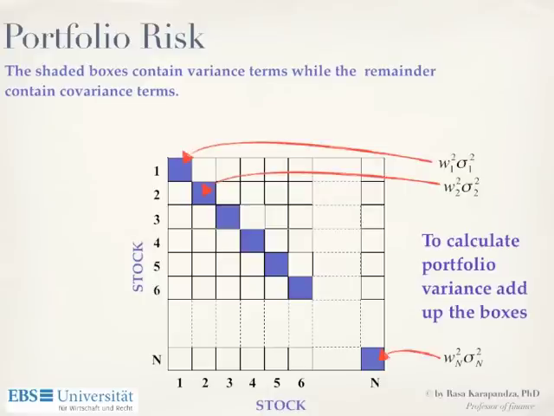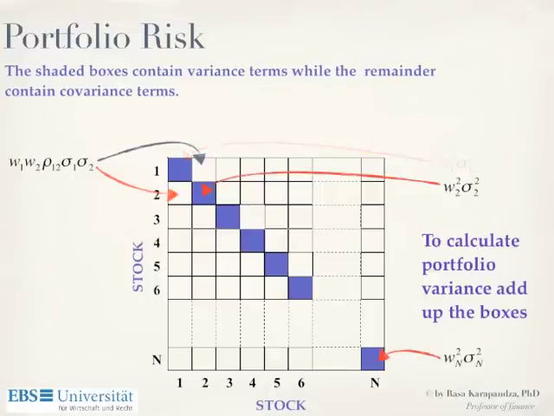And like in the 2 by 2 case, it will just be the proportion that you invest in stock 1 times the proportion that you invest into stock 2 times the correlation coefficient between stock 1 and stock 2, times the standard deviation of stock 1 times the standard deviation of stock 2. And this element is exactly the same as this element. So row 2 column 1 is the same as row 1 column 2, okay?